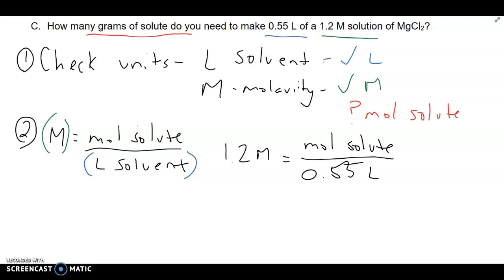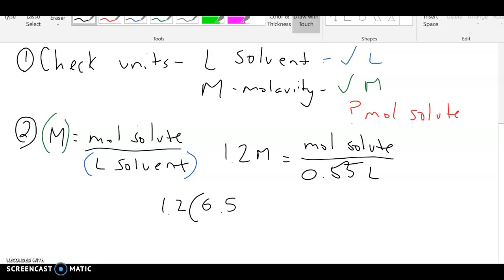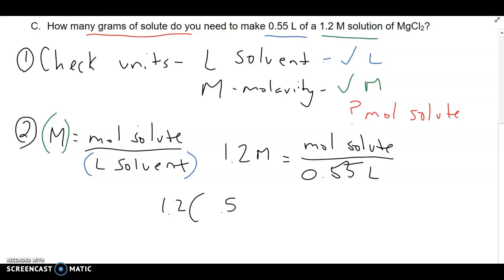So we multiply by the 0.55 on both sides, so we get 1.2 times 0.55 equals moles of solute.